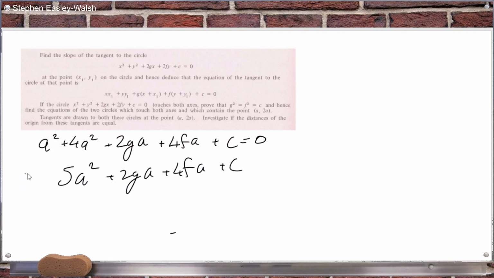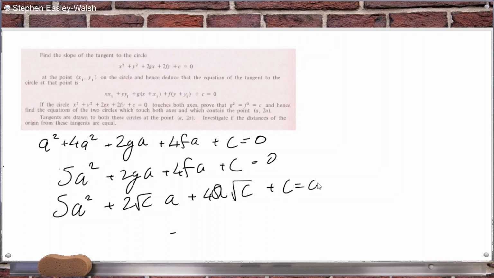I'm not solving for a, it's a constant. So, okay, I was reluctant, but I'll just do it. 5a squared plus 2 root c a plus 4a root c plus c equals 0.